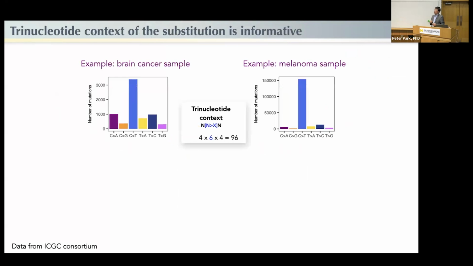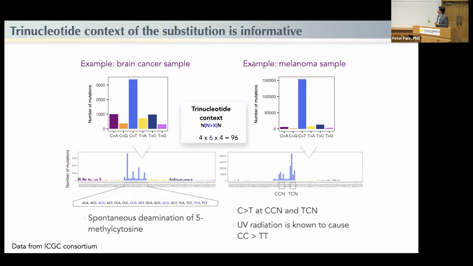So here I'm looking at the 6 substitution types plus 1 base on the left and 1 base on the right. So I have a vector of 96 that I can use to describe the context of a mutation. It turns out that these two have different patterns, right? The C to T is there, but the contexts are different.